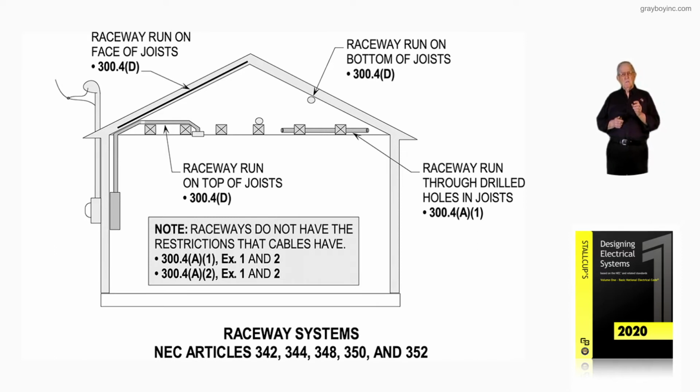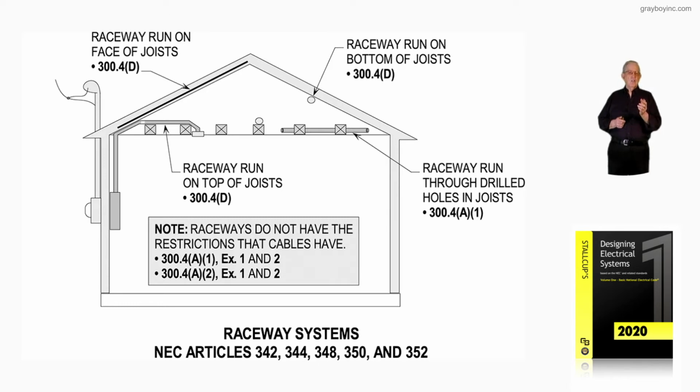Now, notice coming out of the gate, so to speak, here with a note, it says raceways do not have the same restriction that cables have, which can be proven by referencing 300.4(A)(1), exceptions 1 and 2, 300.4(A)(2), exceptions 1 and 2, is the documented sections we should review to get this information.